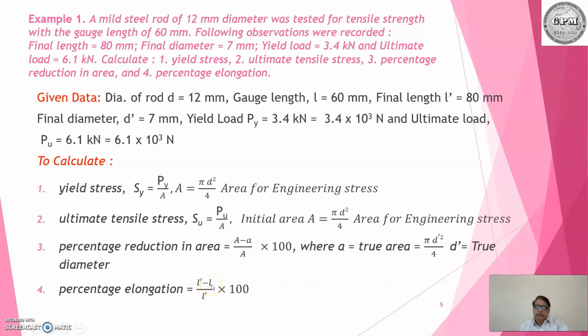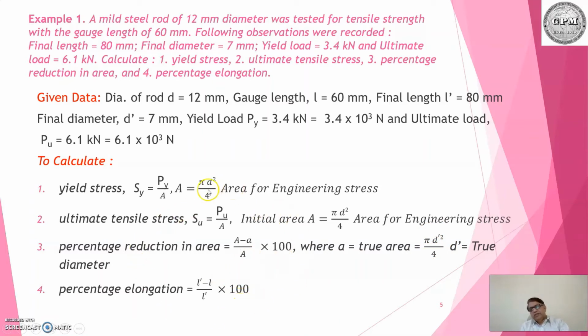So it is L dash minus L upon L into 100. Here small a is for the true area, given by pi d dash square divided by 4, where d dash is 7 millimeter. Using this 7 millimeter, we can find the true area, and with this we can calculate.